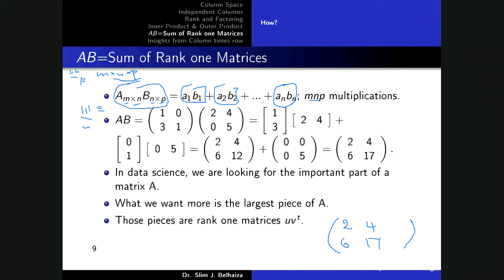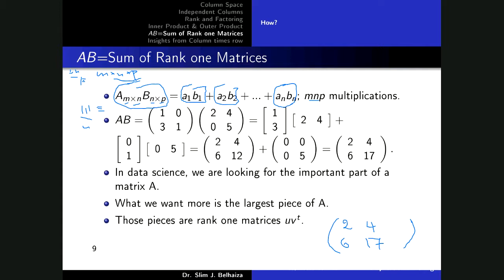Okay? But here, this is another way to do it, what we call the outer product, which happens to be just the sum of the column by row multiplications. I'm checking that this works. So the first column (1, 3) multiplied by the first row (2, 4), plus the second column (0, 1) by the second row (0, 5).